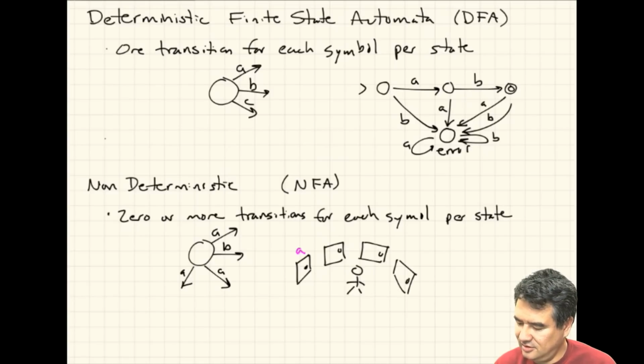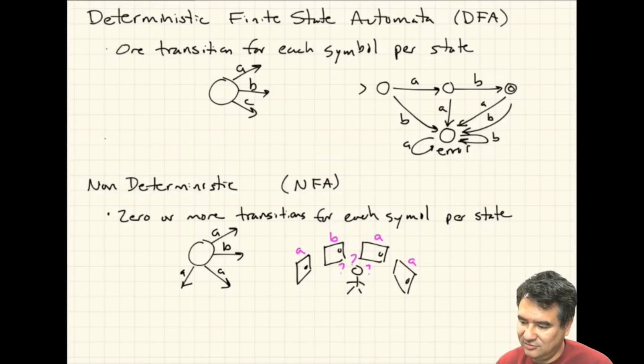And this one's labeled A, this one's labeled B, this one's labeled A, and this one's labeled A. And if you're trying to accept a string over the set of symbols A and B, you want to wind up in this room, and you're like, well, which of these doors should I go through? I mean, if I get the symbol B, obviously I need to go through the B door.